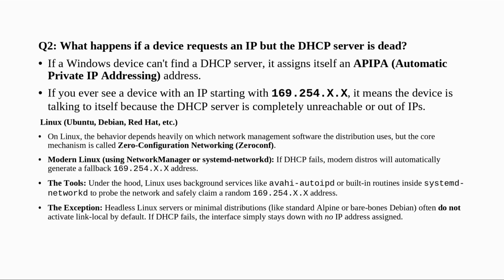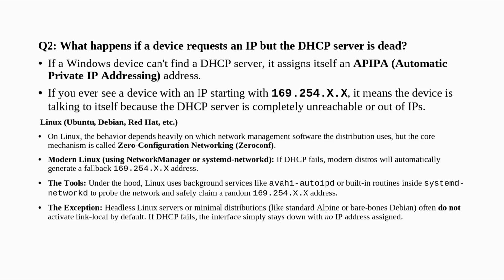Let's see how different operating systems talk to themselves if DHCP is not there. In Linux, the behavior completely depends upon which network management software the distribution uses, but the core mechanism is called zero-configuration networking, right?